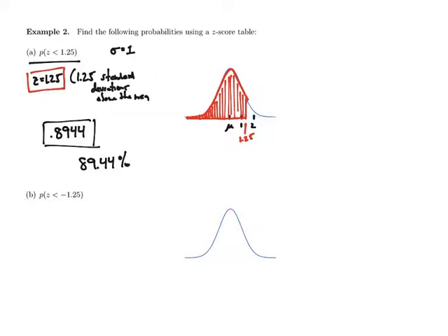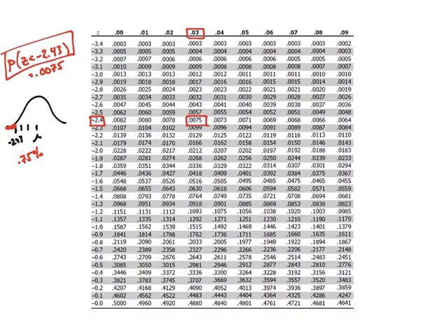All right, let's do it again with negative 1.25. So again, we have mu in the middle. Here's -1, here's -2. We're looking at negative 1.25. We want to find the area that we are less than that value. Here we're going to go to the negative z-score table.